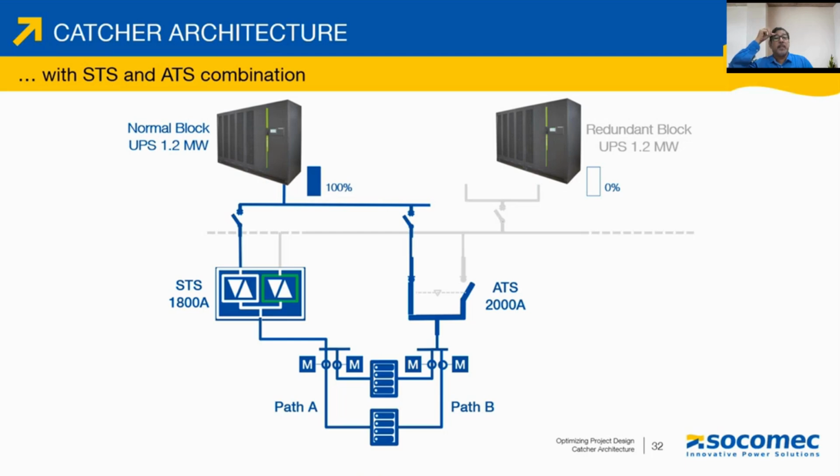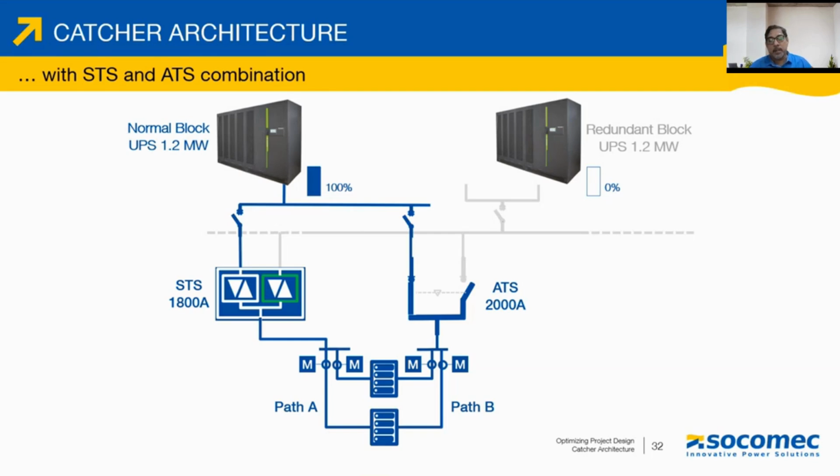Now here, in case any situation arises where the load has to be transferred to the catcher UPS system, this arrangement still ensures, as we discussed in the earlier condition, that we mitigate the possibilities of any downstream fault to the STS in the distribution system.